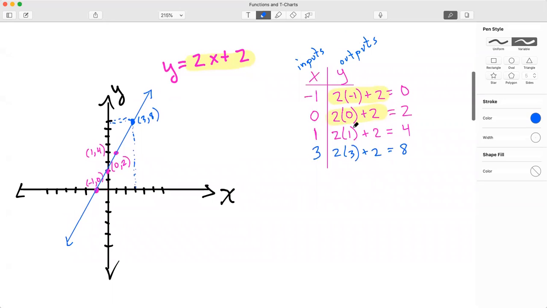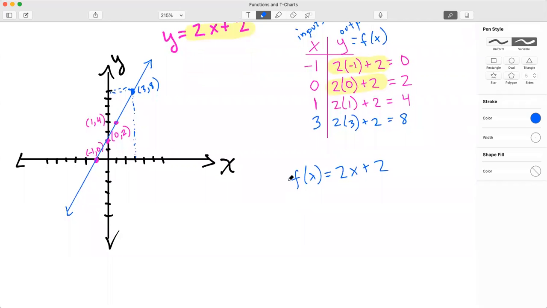Another way to write y is f of x. We call that f of x, not f times x, but f of x. If we are asked to evaluate this function, f of x equals 2x plus 2, which is exactly the same thing as what I just wrote in pink up here, and we are asked to find f of -4, that simply means you plug in -4 for x.